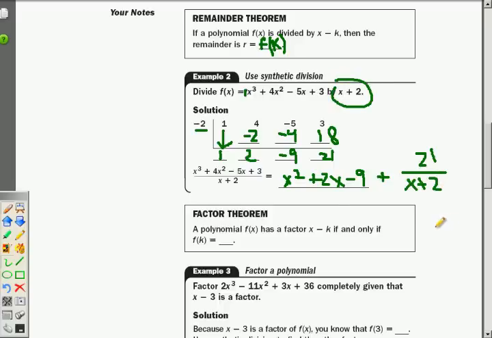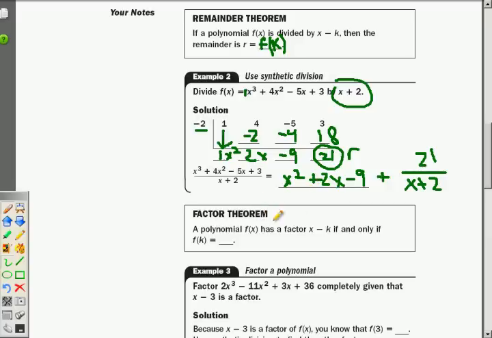So it ends up being x squared plus 2x. How I think about it is I always do this. Right here on this one, I put a little r, so I know that's the remainder. That's how I think about those. That helps me a little bit.